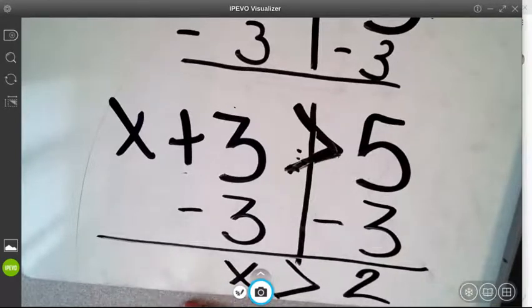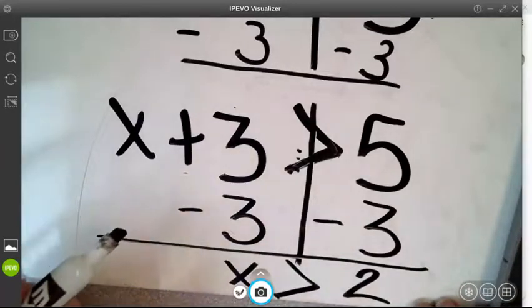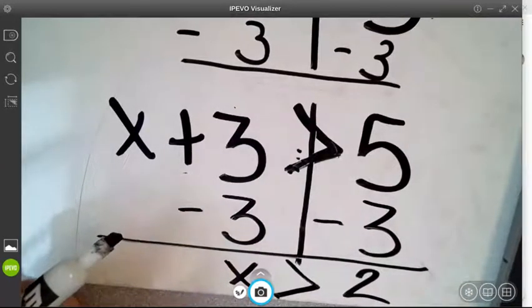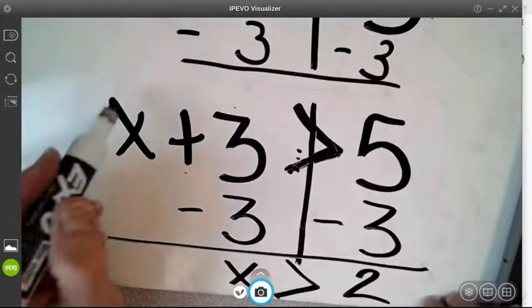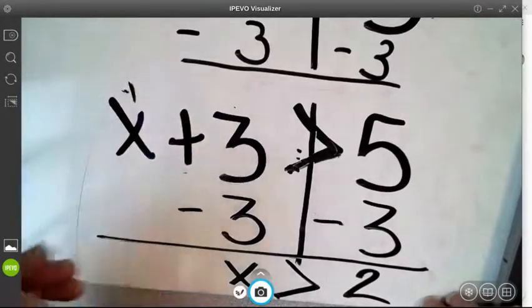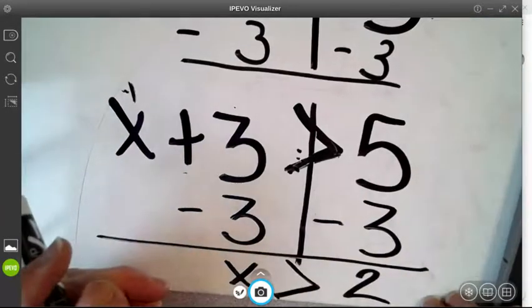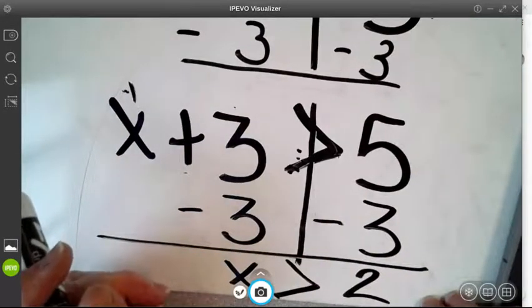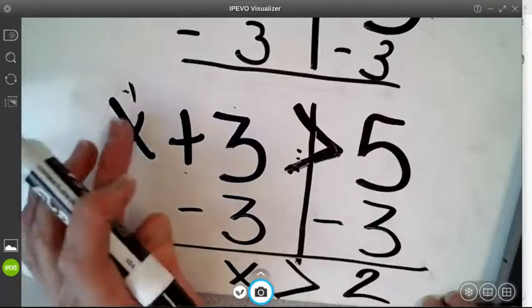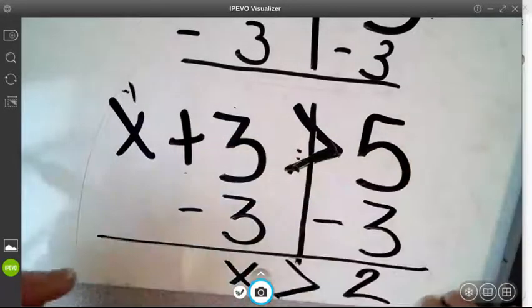And then I would pick a number that's bigger than 2, and I would see if it actually is the correct answer. So a number that's bigger than 2: 4. I'd put 4 in here, and 4 plus 3 is 7, and that's greater than 5. If I pick a number smaller than 2, like 1, 1 plus 3 is 4, and that does not make this true.